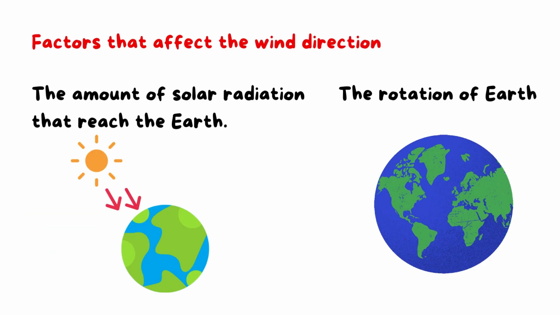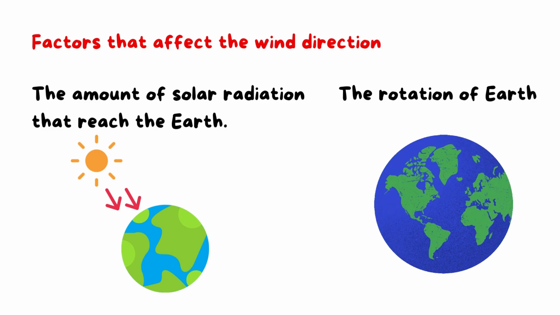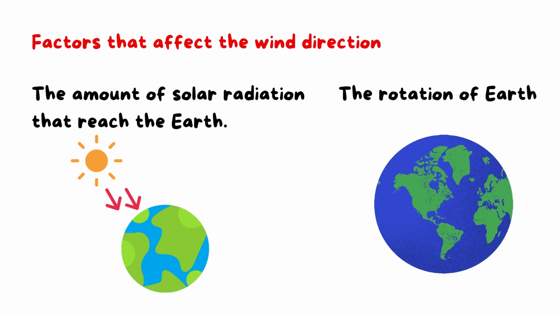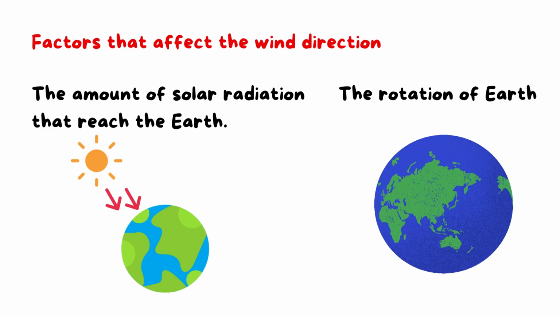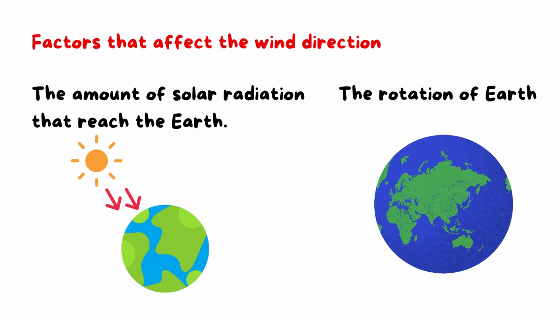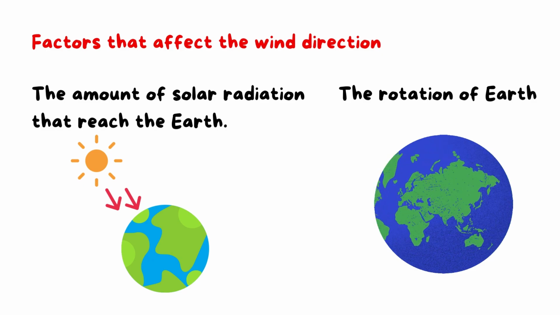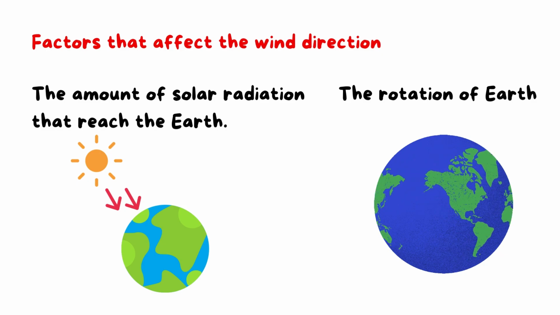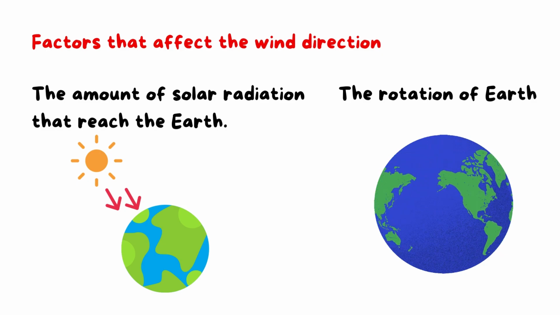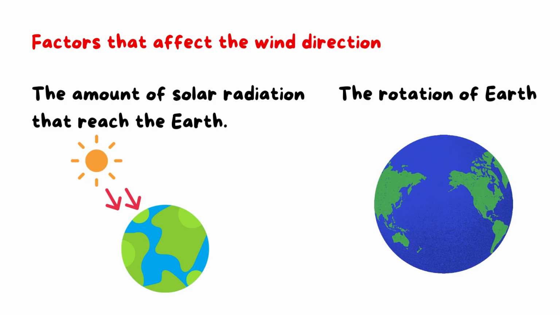Now, we want to know what the factors are that affect the wind direction, since the wind moves in a constant direction that we call the global wind system. First, the amount of solar radiation that reaches the Earth.